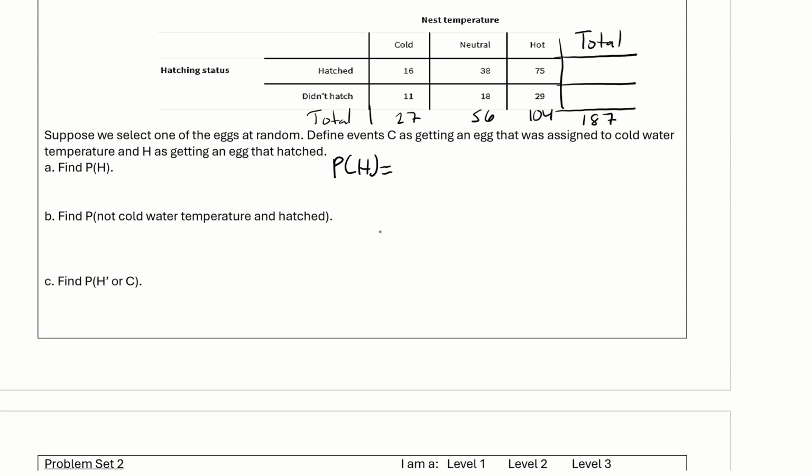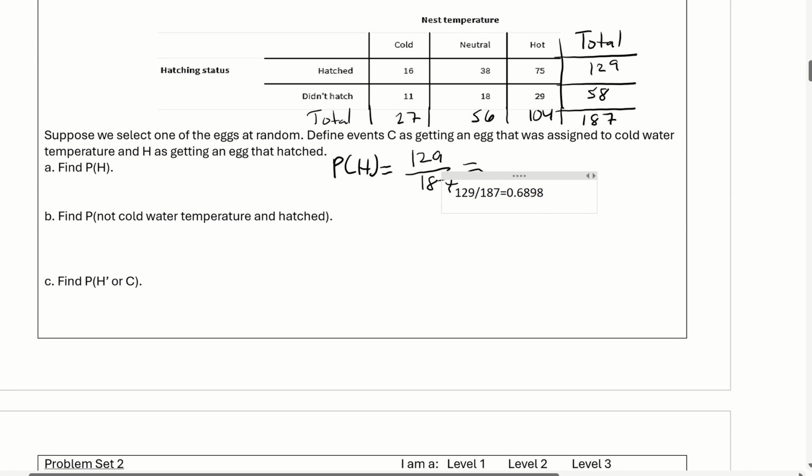This is 29, then that's 58, that's 54, 129. Okay, there you go. So we got everything now. So the probability of hatch. So there's 129 that hatched out of 187. Okay, again, let's do it as a decimal. 0.6898, so 0.690 if we round it to 3 decimals.